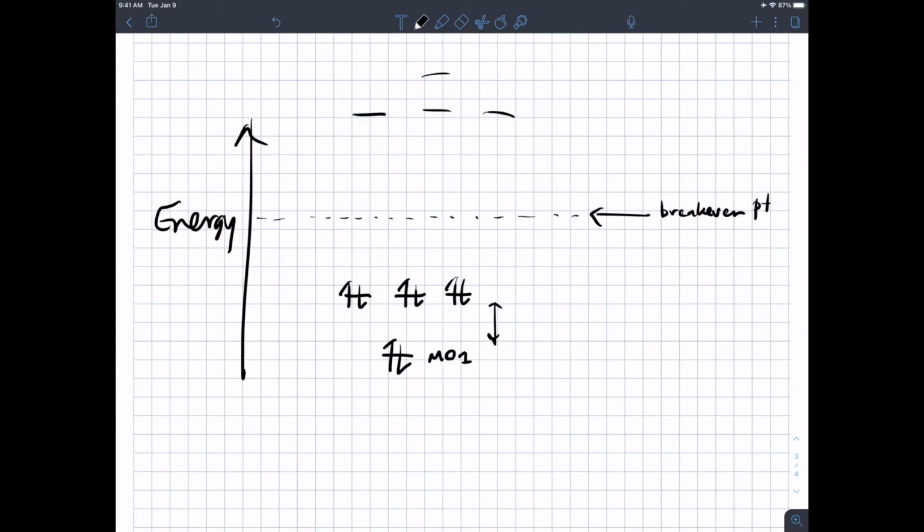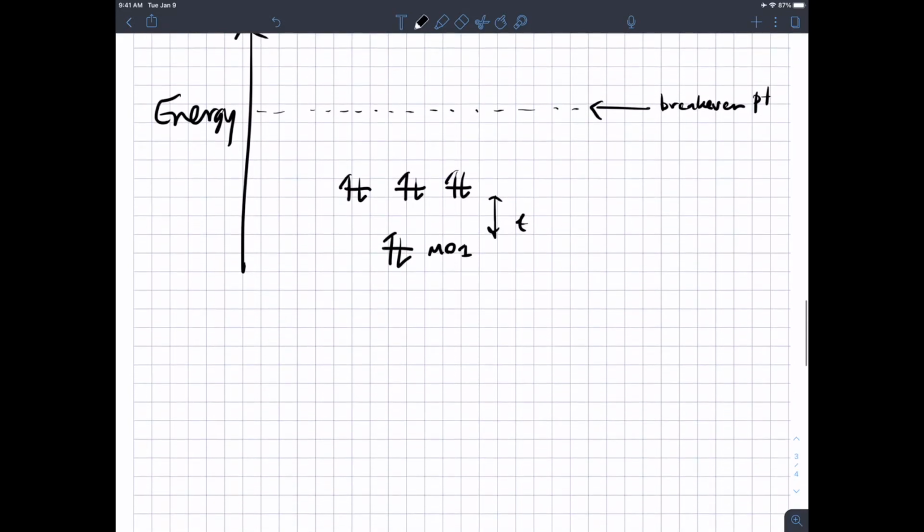However, that distance is not really that much. And it turns out that it will be easy for us, instead of being MO theory extremists or valence bond theory fundamentalists, to try a more hybrid approach.